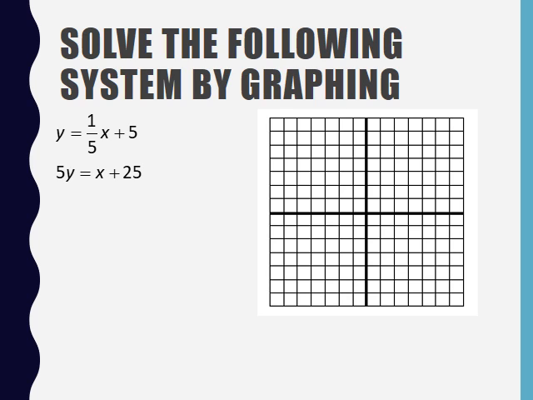Okay. The first one, or last example of this, my slope is 1/5 and my y-intercept is 5. And there's that line. My second line, I'm going to actually have to solve for y, so I'm going to divide everything by 5.